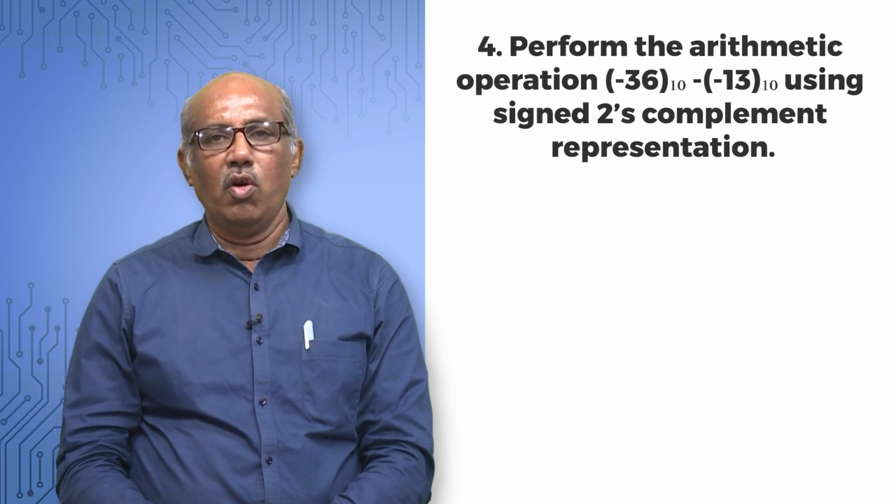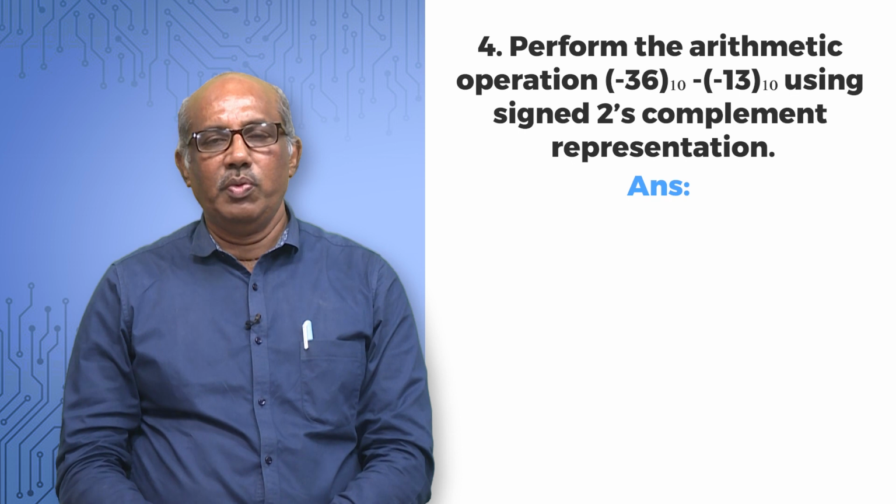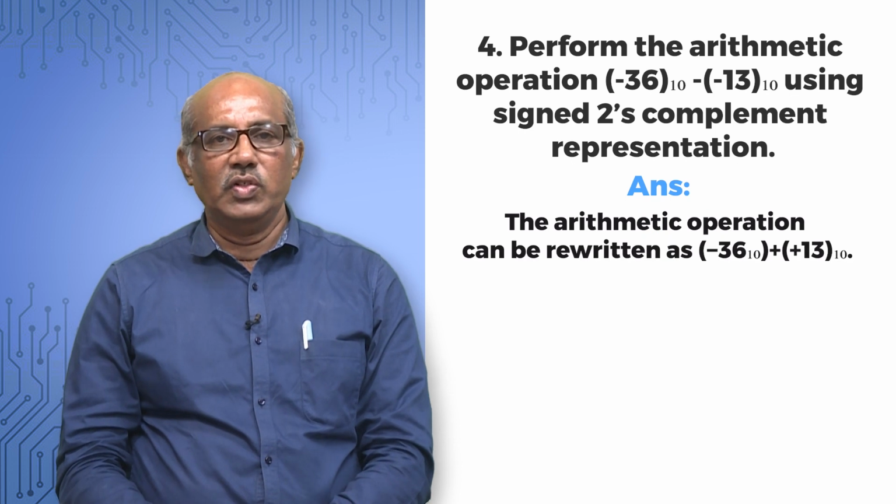Perform the arithmetic operation. We are given two decimal numbers, that is minus 36 minus of minus 13, using 2's complement representation. So, we know how to represent a negative number in 2's complement form. Therefore, first we will represent the decimal number minus 36.